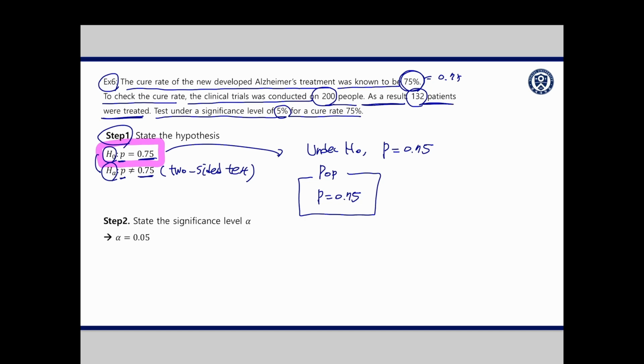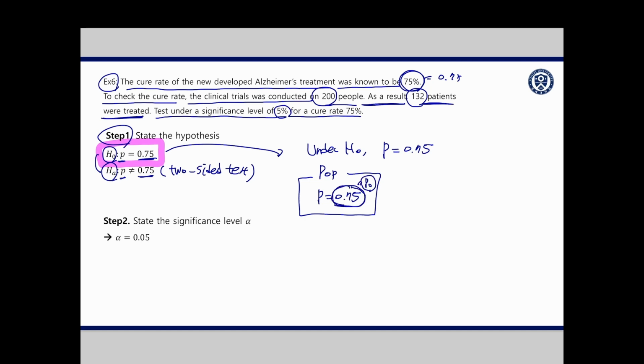And first we should check whether the sample size is sufficient to apply the CLT. So condition 1 is n multiplied by P0, that is 200 multiplied by 0.75, greater than 5.